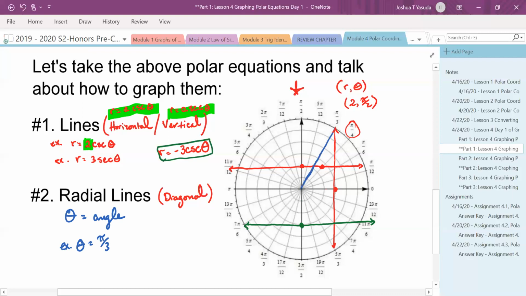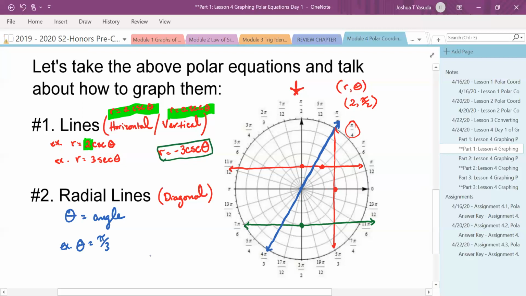Any point, no matter the radius you pick, has to be along this line because the angle will always be pi thirds. If the radius is negative, then it would just reflect through the pole, and so it ends up creating just a diagonal line like that. And so there's your radial line, and consider that to be your diagonal line.